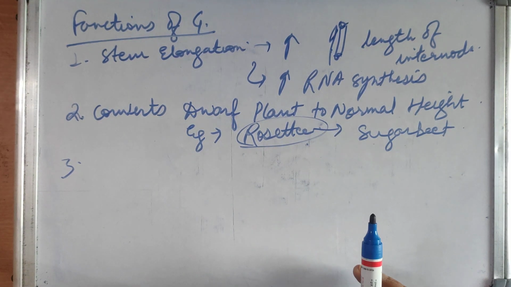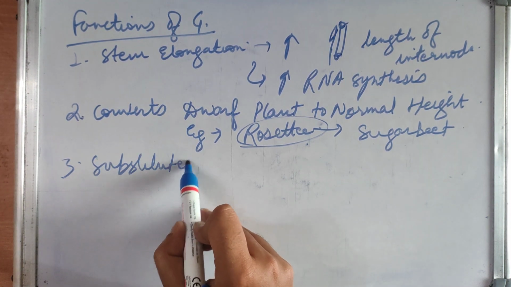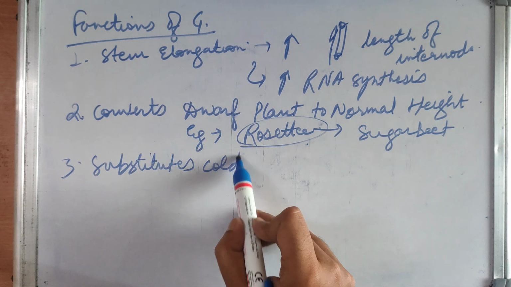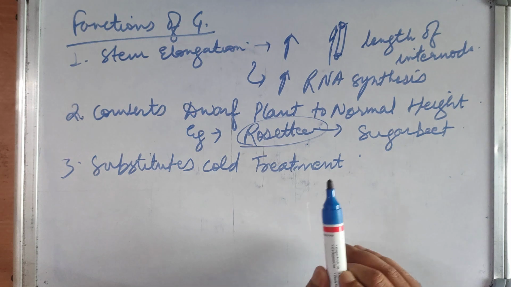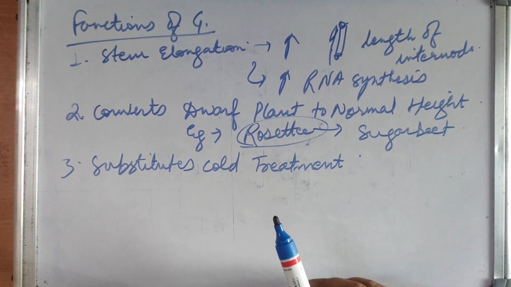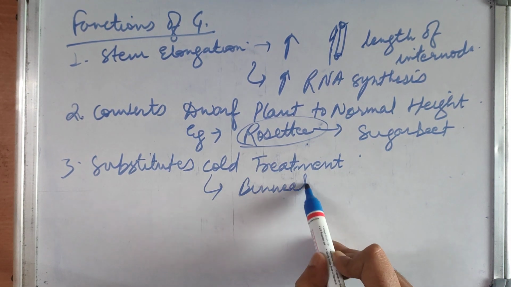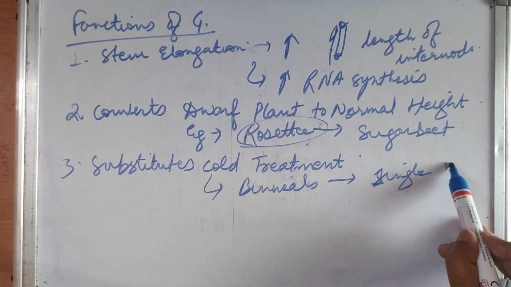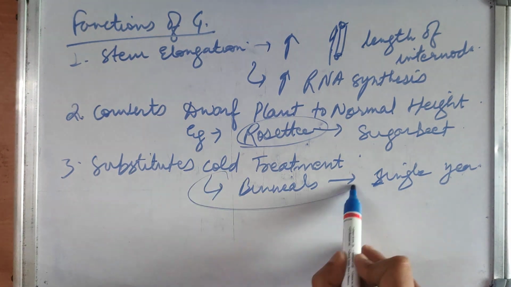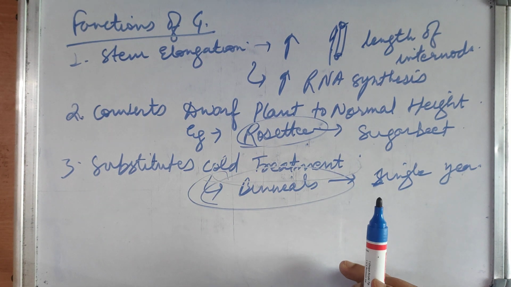Third, it substitutes cold treatment. Many biennials complete their life cycle within a single year after they have been treated with gibberellin. Fourth, parthenocarpic fruits.